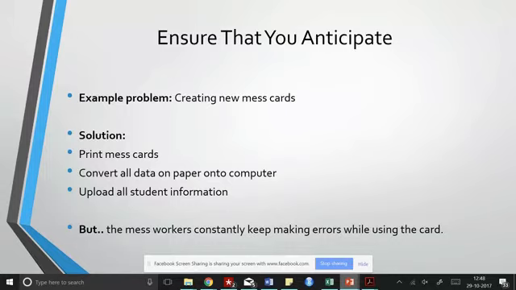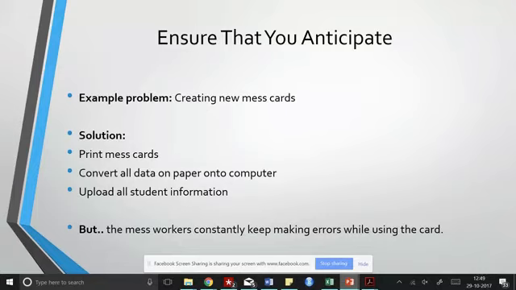They've listened to you, they understood the problem, they've converted all the data on paper onto a computer, and all the students' information is uploaded on a database. All of this is done, and right now the only thing that you have to do is just launch it and see how it works. So you launch it, it works fine for a few days, but then you start hearing about issues like people forget their cards, and the cards are not working after a few swipes.